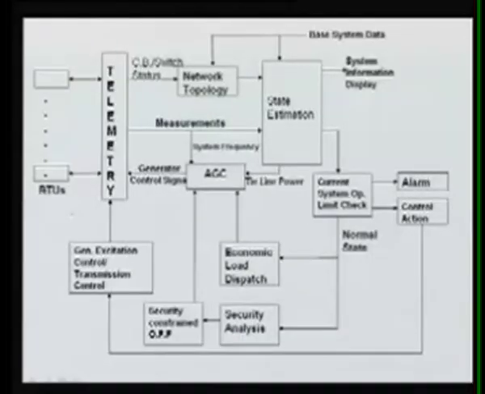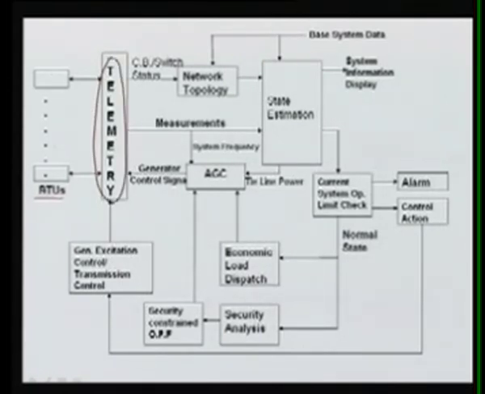Here is a block diagram of the various functions of modern energy management systems. First we start with the RTUs. RTUs are nothing but remote terminal units, by which we measure the power system data from the field, and this RTU gives information to the various modules through telemetry.